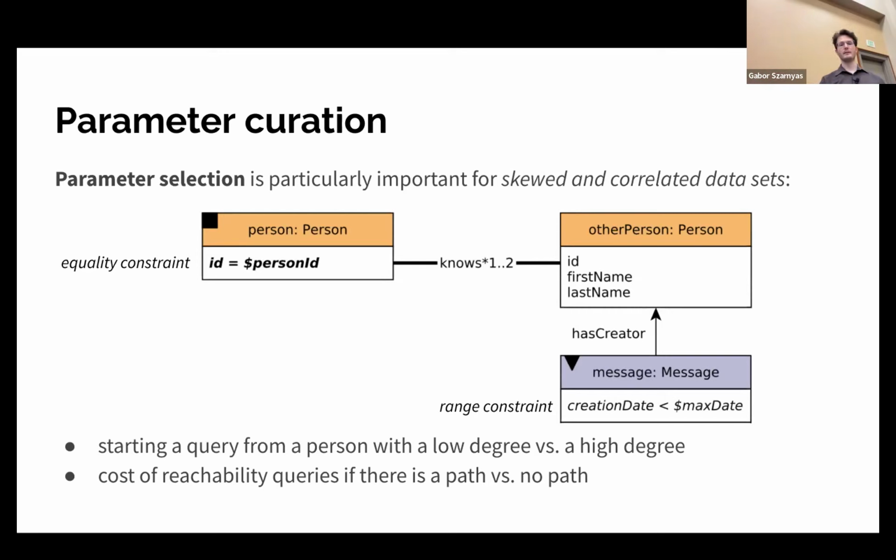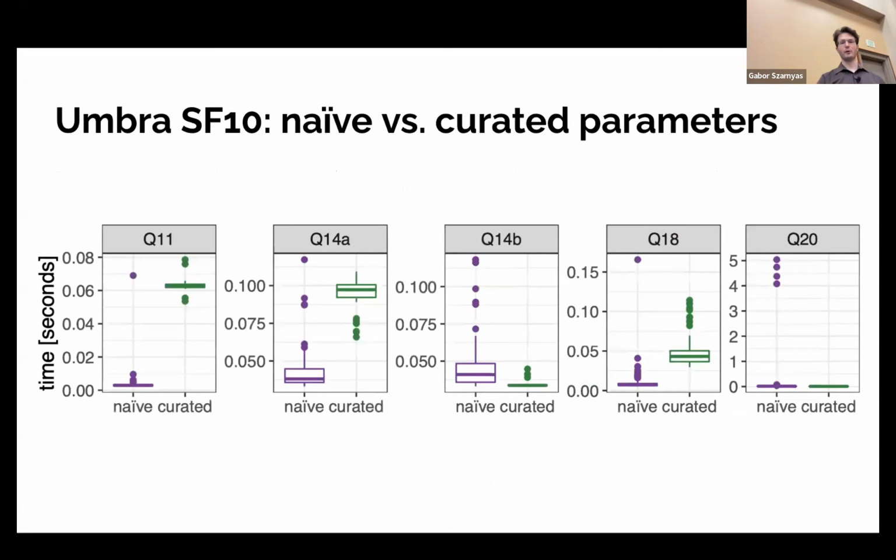And that's, again, a very different query, and it gives very different runtime characteristics. Here's an illustration of what we mean by this. These results were achieved on the LDBC BI queries with the Umbra system using parameters that we just selected with a uniform random sampling and parameters which we then created with curation.